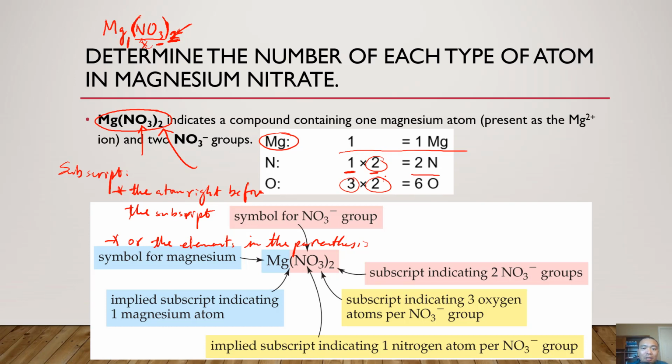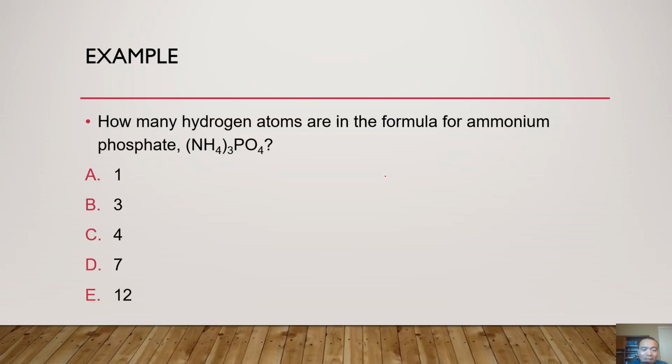Let's work on one example. Again, I'm going to suggest you work on this first and pause the video for a little bit before you continue. This question asks us how many hydrogen atoms are in the formula. When you look at the formula, do you remember this number 4 only refers to the hydrogen right before it, because there is no parenthesis before that number 4.